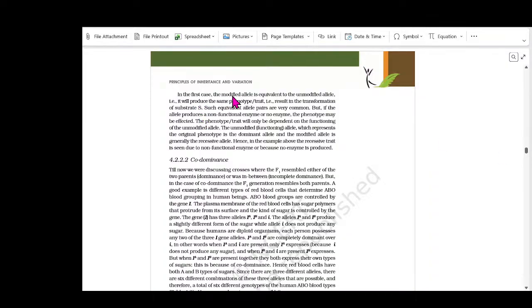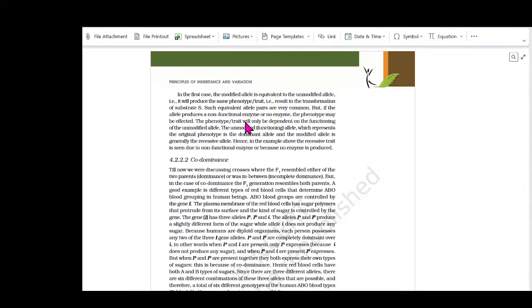In the first case, the modified allele is equivalent to the unmodified allele, that is, it will produce the same phenotype or trait, that is, result in the transformation of substrate S. Such equivalent allele pairs are very common. If the allele produces a non-functional enzyme or no enzyme, the phenotype may be affected.